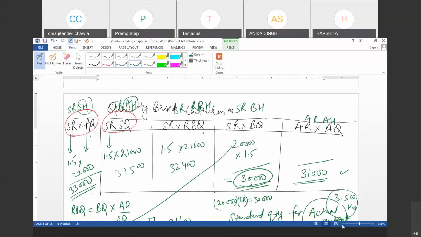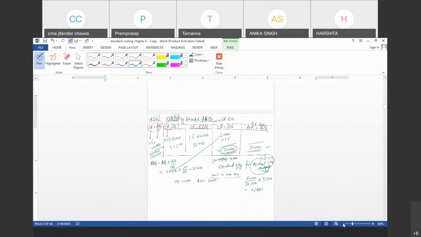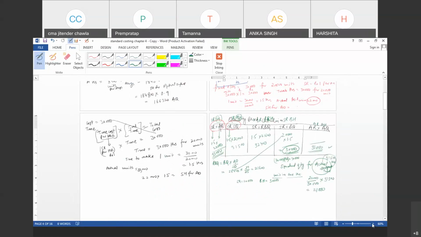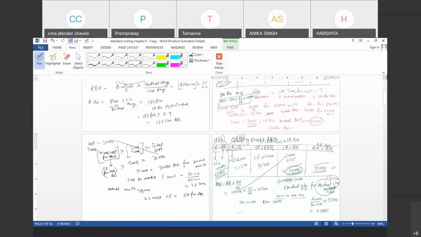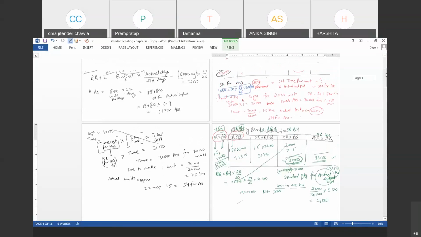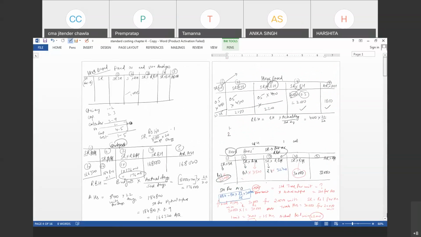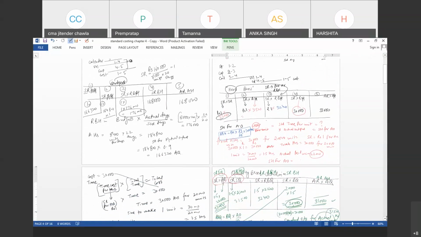Just check the two tables and their comparison. What is this answer?